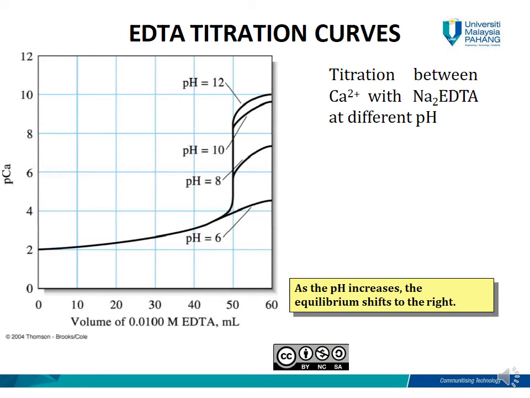At a lower pH, you cannot see the endpoint or equivalence point very clearly, because it will not change to product. When the pH decreases, the equilibrium shifts to the reactant, so there will be no product. At a higher pH, the equilibrium shifts to the product.